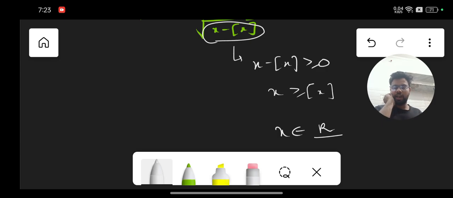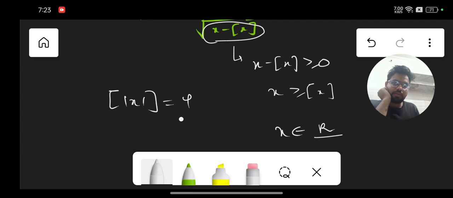We can take one more example. Suppose [mod x] is present, equal to 4. What are the possible values of x? Always remember this mod x will be present between 4 and 5.